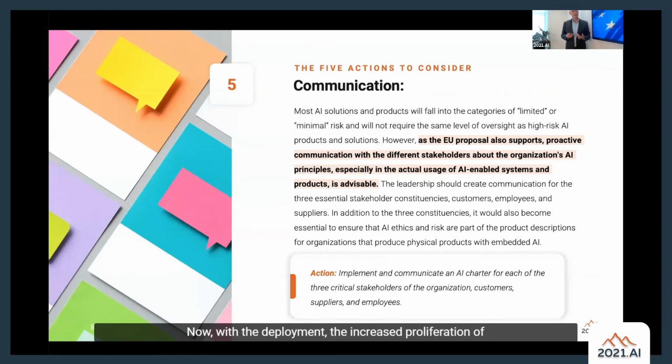Now, with the increased proliferation of artificial intelligence across your organization, we are rapidly getting to a stage in which it becomes important for the executive team to formulate your approach to, your vision for, artificial intelligence going forward in your organization.